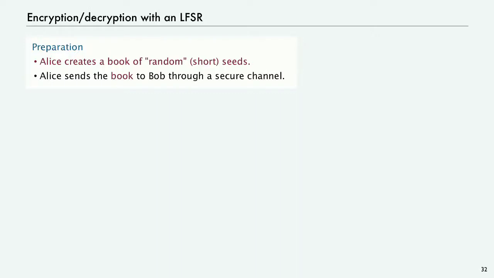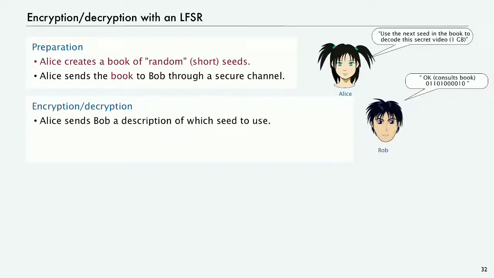And then Alice just gives that book to Bob. And so when it's time to send a message, Alice will send some kind of description of which seed to use in that book. So like the next one: last time I sent you a message, we used some seed, just use the next one.